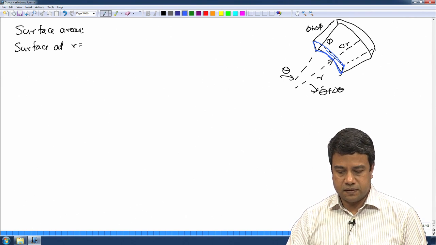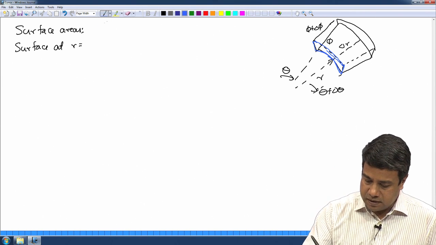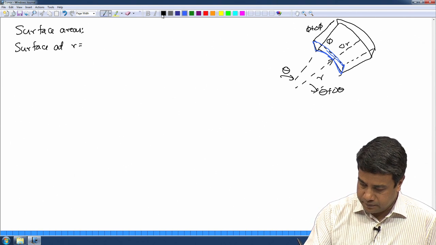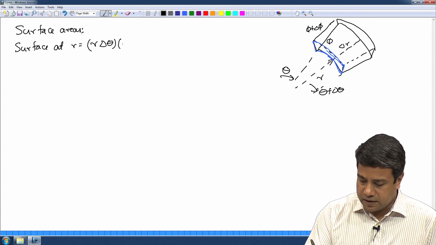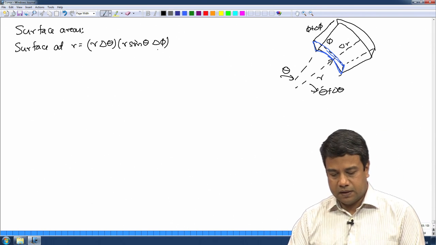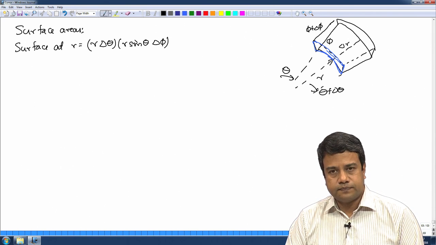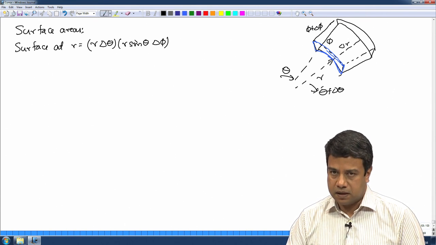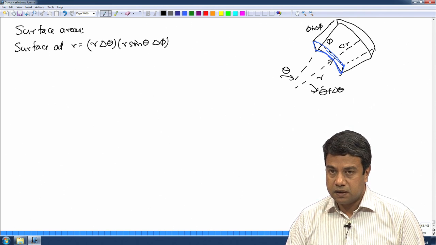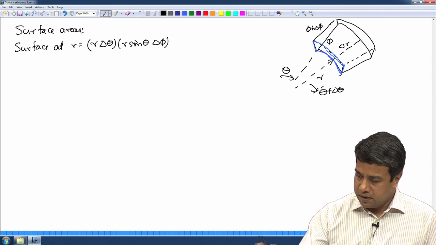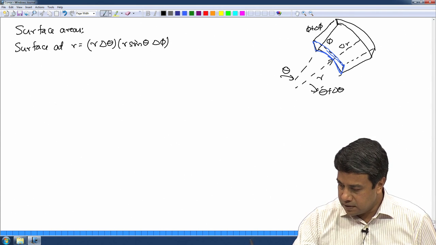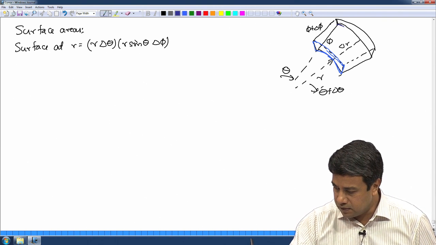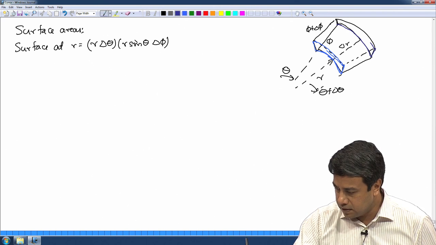The length in the theta direction is going to be equal to r delta theta. The length in the phi direction is r sin theta delta phi. So, that is going to be the surface at the radial location r, perpendicular to the r direction.